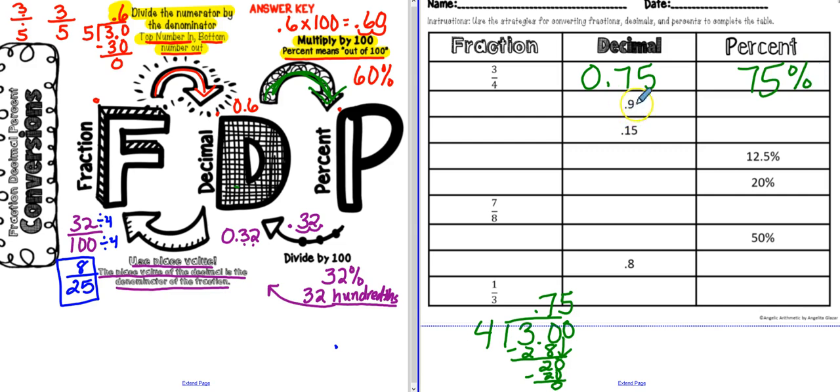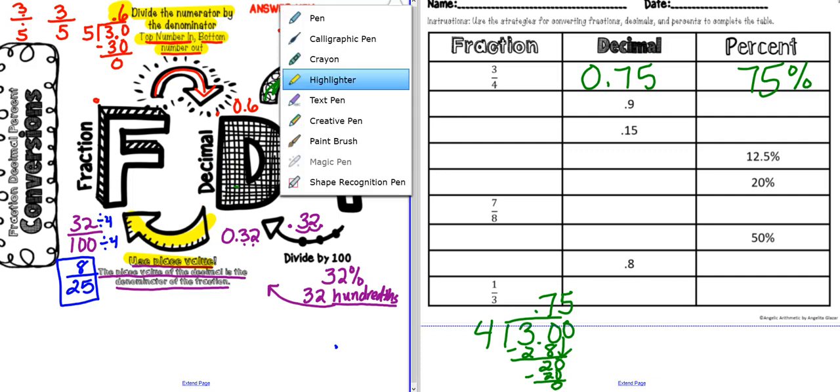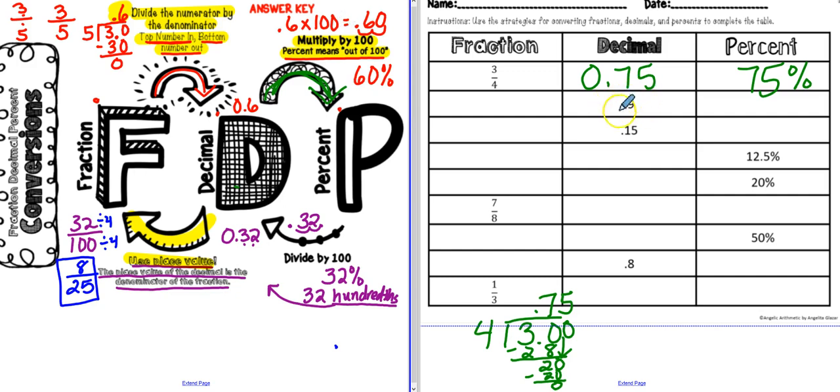All right. Let's take a look at the second one. I have 0.9, and this time I'm going from decimal to fraction. So if you look over at our notes, when we're going from decimal to fraction, we're going to use place value. So I'm going to think about what that place value is. So this is 9 tenths. So it's 9 over 10, 9/10, and that's already simplified.